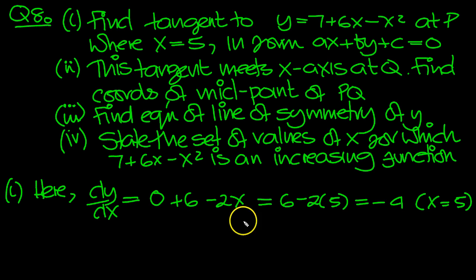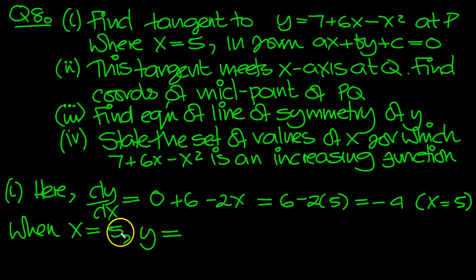So where x is 5, and that's the gradient, so when x equals 5 then, it's a tangent to the function. So y equals, we can get the coordinate at that particular point, the y ordinate. So it's 7 plus 6 times the value 5, put it in here for x, minus the 5 squared, isn't it?